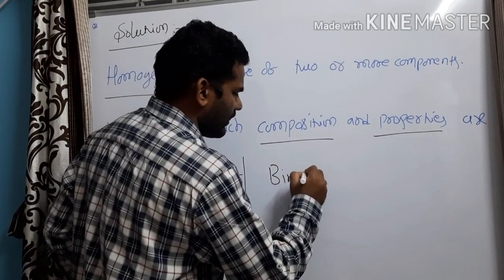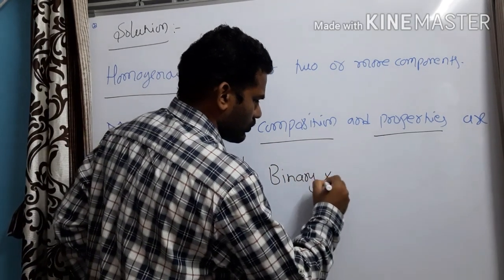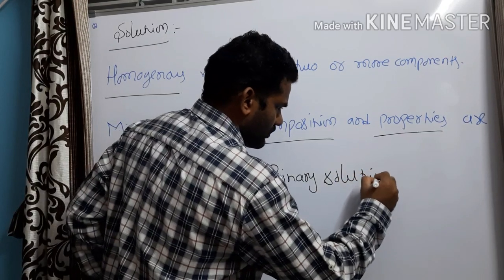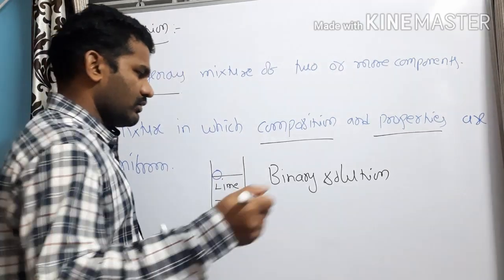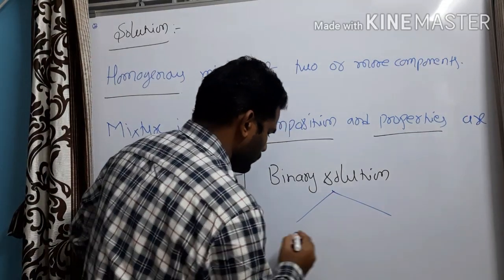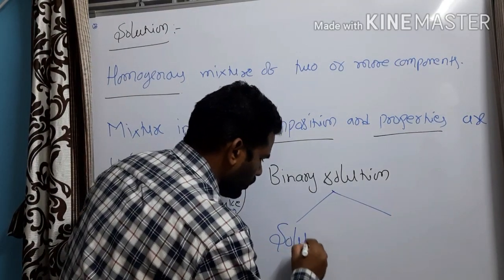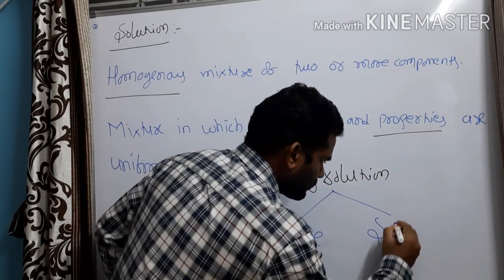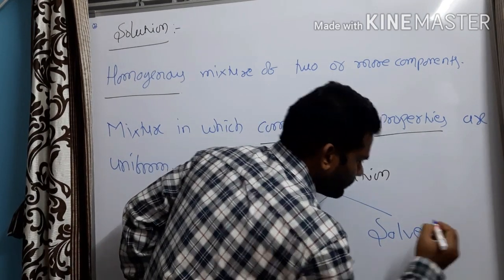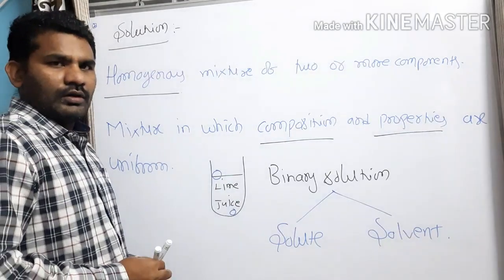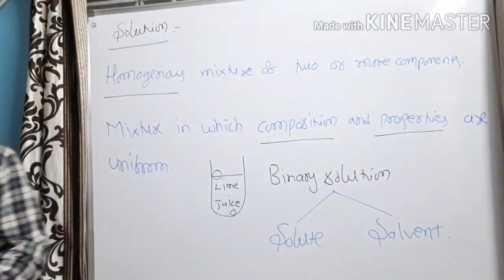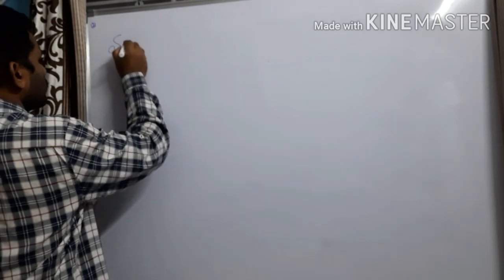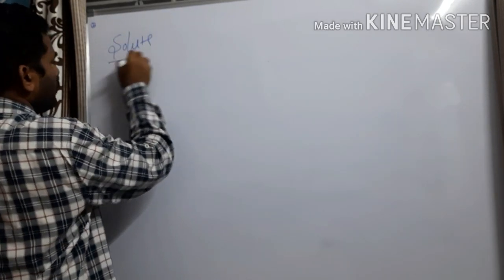Every binary solution is having two components. They are solute and solvent. Let us try to define solute and solvent. Solute.